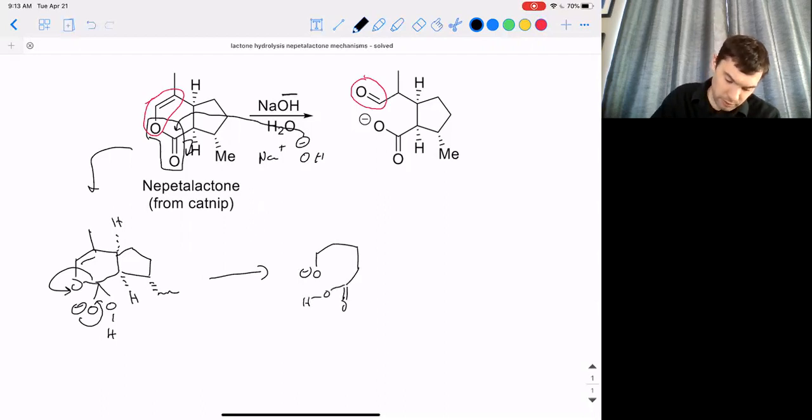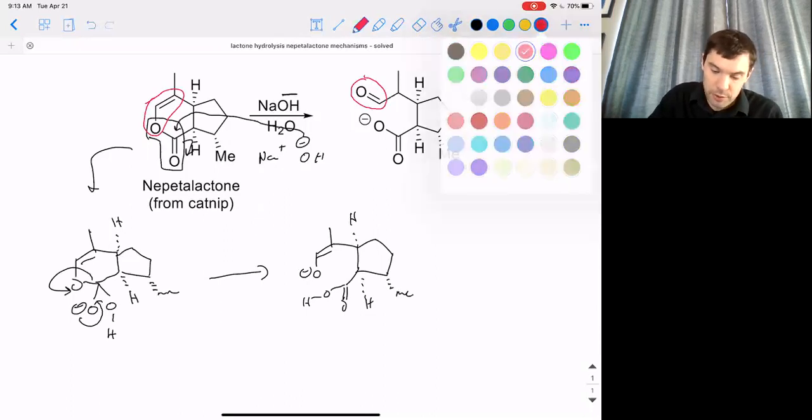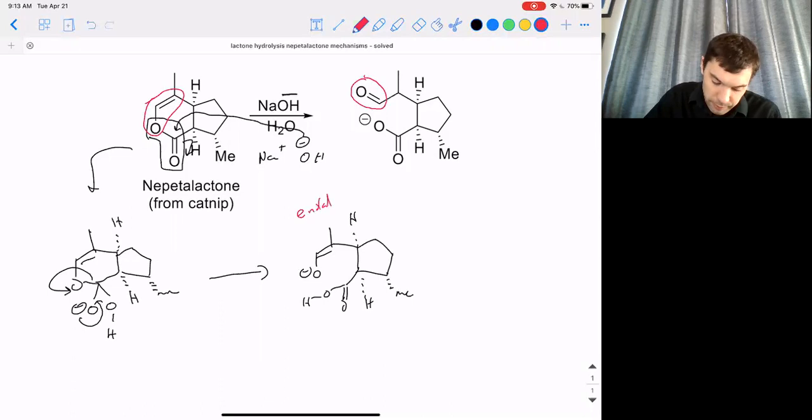And that would give us what we have here. Now, this is technically an enolate, and anytime I draw an intermediate that I'm familiar with, I always try to name those. So enolate, so I like that.